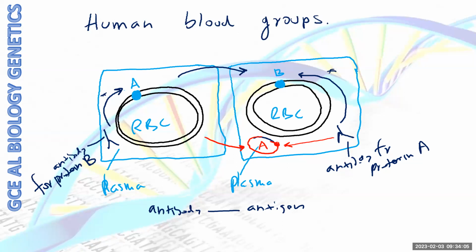This event is not favorable, because antibody binding always means the immune system is reacting, and it tries to get rid of that thing from the body. The A red blood cell is not suitable for the B person's immune system, so it tries to remove it.